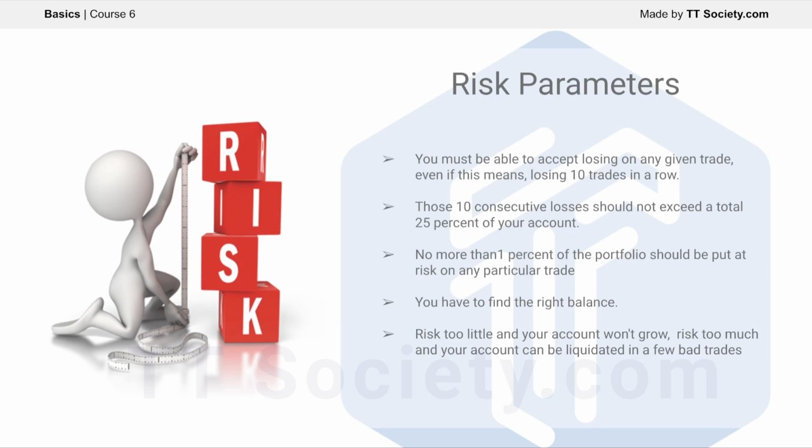So again, stressing the point, you risk too little and your account won't grow. You risk too much and your account will be liquidated in a couple of bad trades. We don't want that. Our number one job, in order to recap this whole session, is to protect what we have in order to be sitting down tomorrow and starting to trade again. You can't trade tomorrow if you've lost everything today.